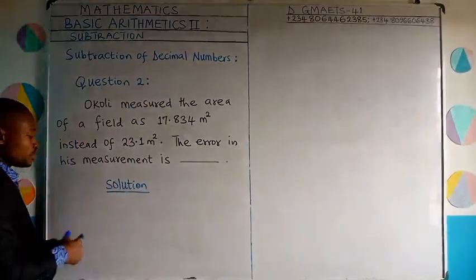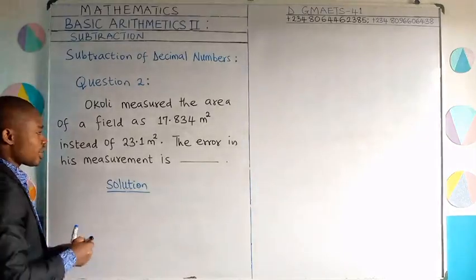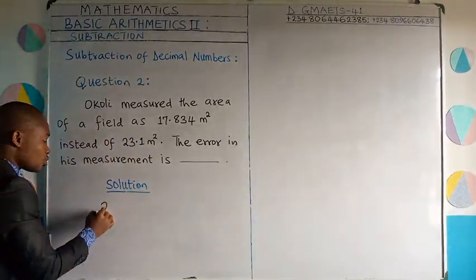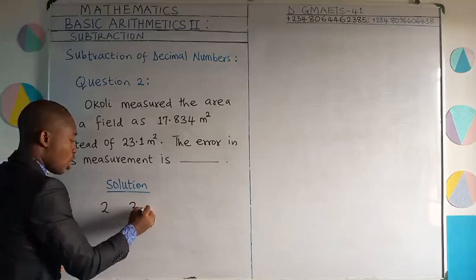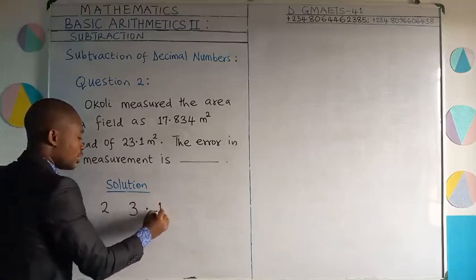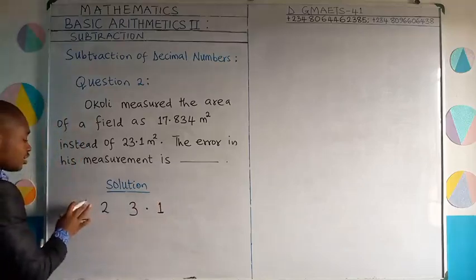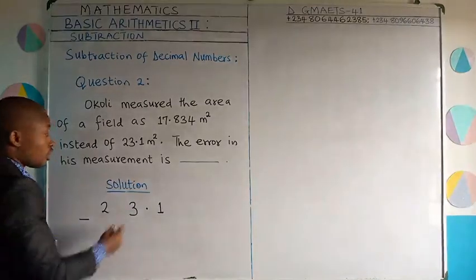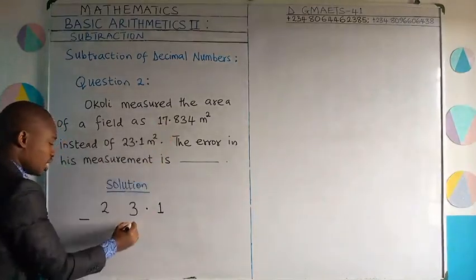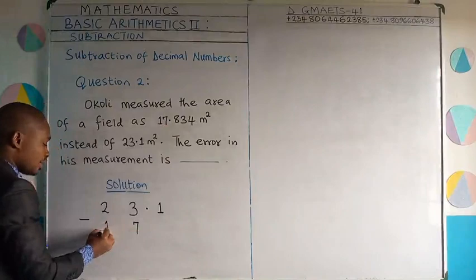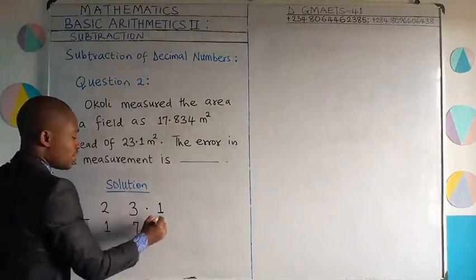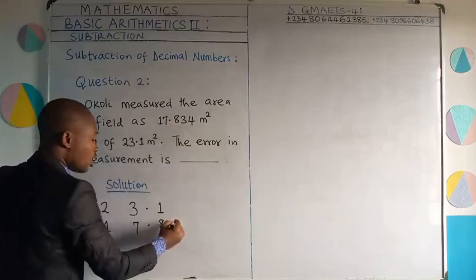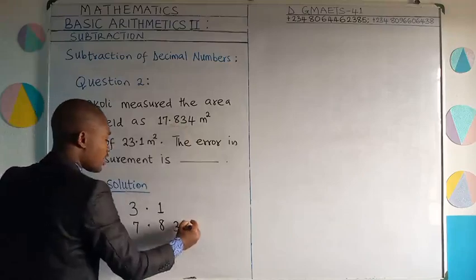Now, I will solve this without showing the place values. Is that okay? 23 is the correct area of the field, so I'll write 2 and 3 points, we have 1. Then I'm subtracting the measurement by Okoli, which is 17.834. The whole number part 17 is written under the units and tens like this. 0.834: this 8 is going to come under tenths, this 3 will come under hundredths, and then 4 will come under thousandths.